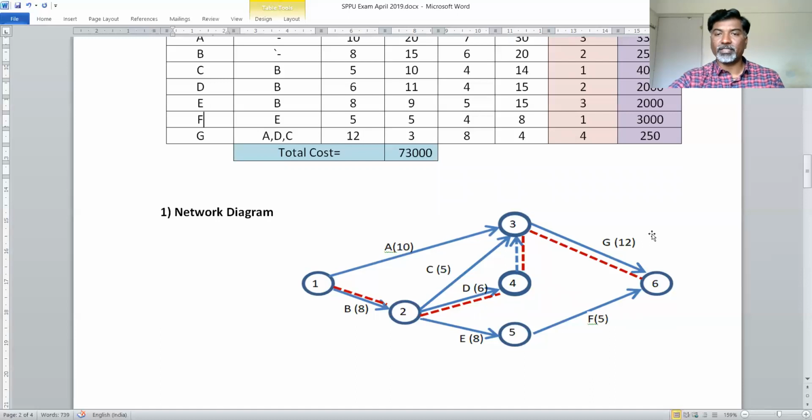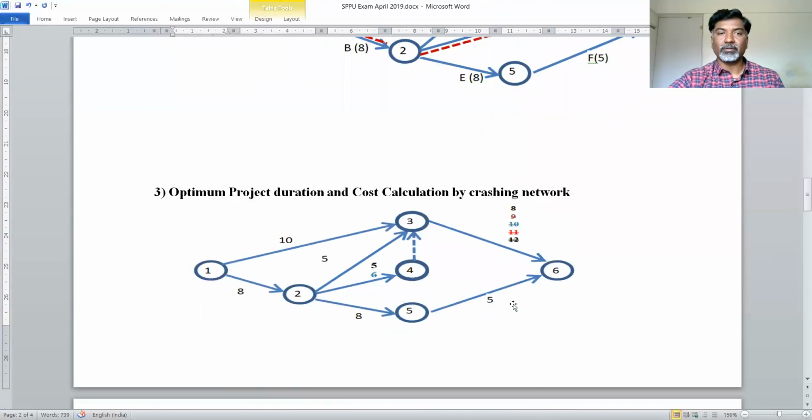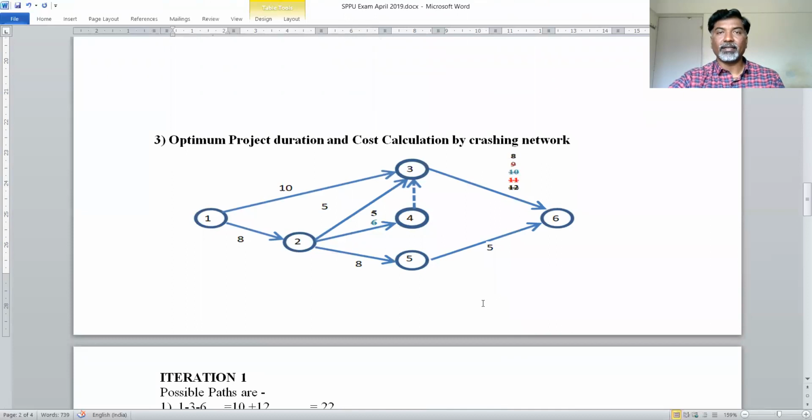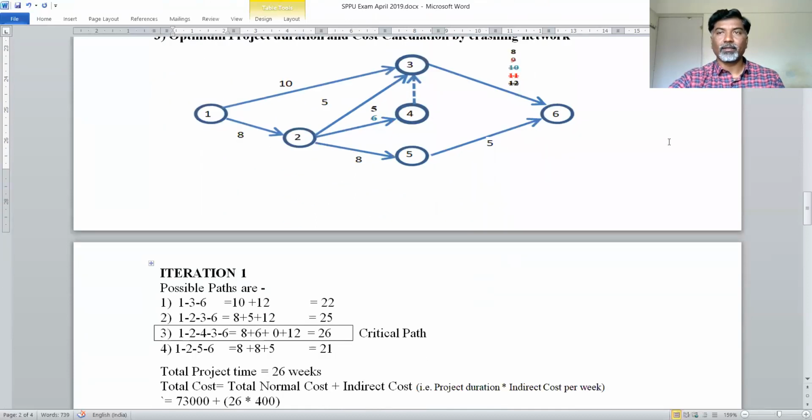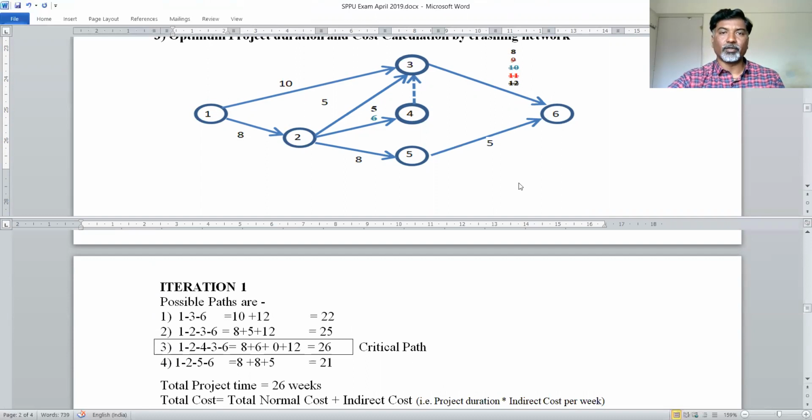If you add these, you will get the maximum time required. Then next we have to identify network crashing. So we'll see how to crash the network. For that purpose, you have to take into consideration the network diagram that we have already drawn.